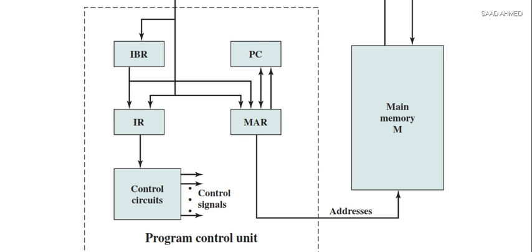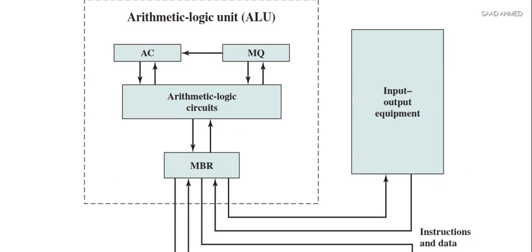The program counter contains the address of the next instruction pair to be fetched from the memory. Program counter is the one which is going to generate addresses from where the next instruction is to be accessed or picked.